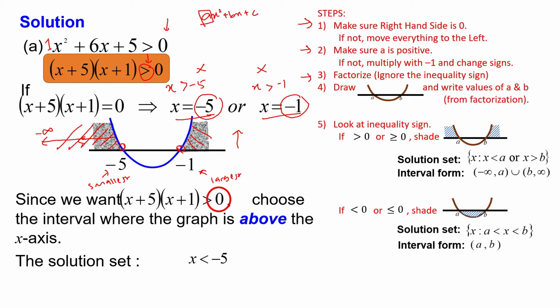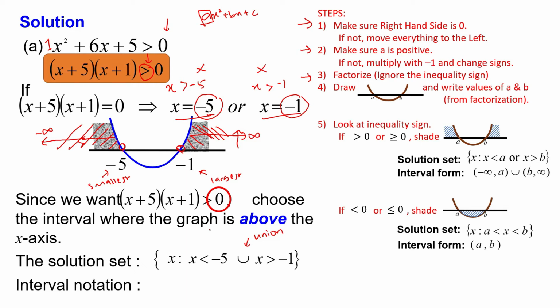And then for -1, the shaded region is going to go to positive infinity. So that's why we write x greater than -1. And since the answers are separated, we have to combine them by using the symbol U, which stands for union. Union means all. That means all of these two answers are the answers. Then just write your curly brackets and x.